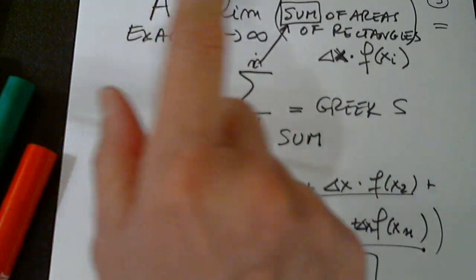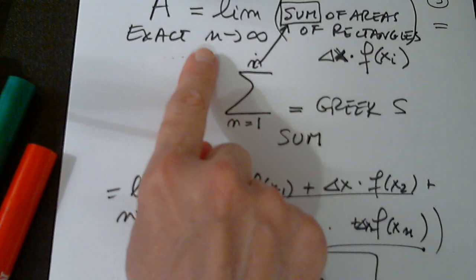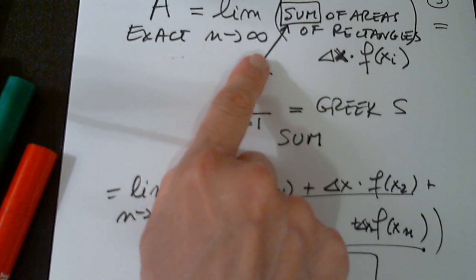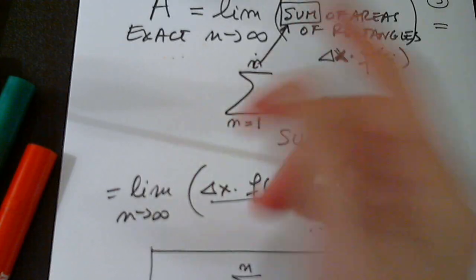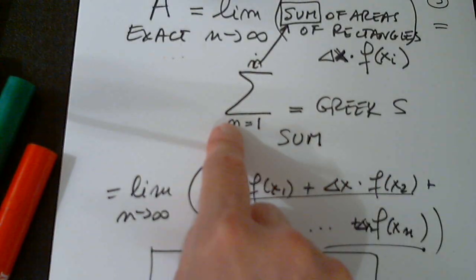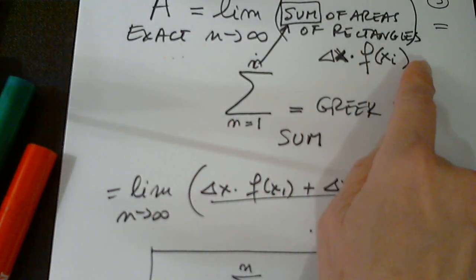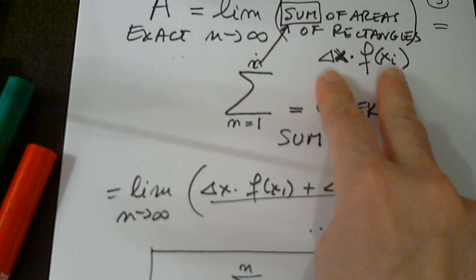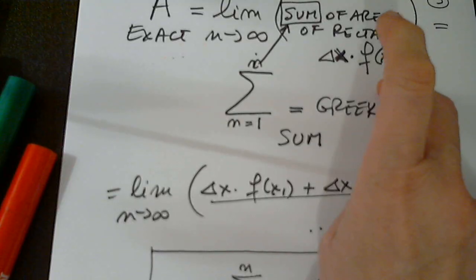The exact area is obtained when the number of subintervals goes to infinity. So it's a limit of what? Of the sum of all areas of rectangles. And this is the area of one of them, base times height.